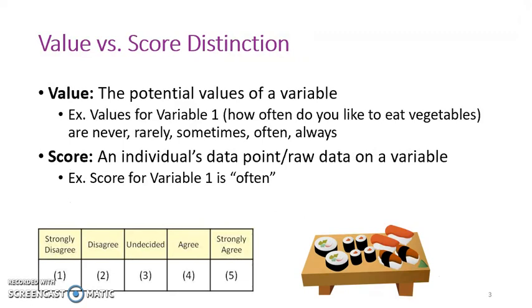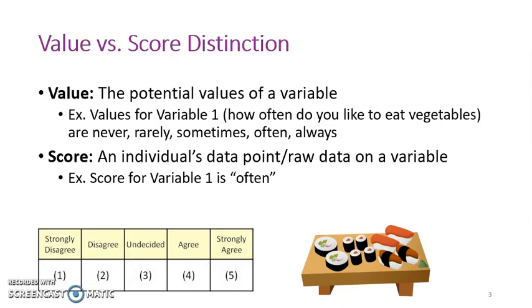We also distinguish between values and scores in a dataset. When I use the term value, I mean the potential values of a variable. Values refer to the quantities or labels that are the options for a particular variable. When I use the term score, I mean an individual's data point or raw data on a variable.